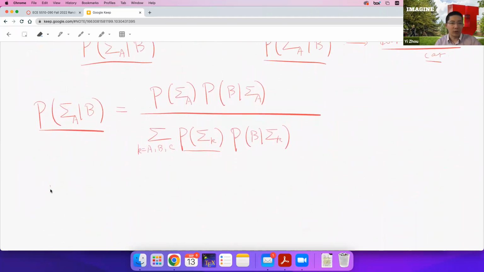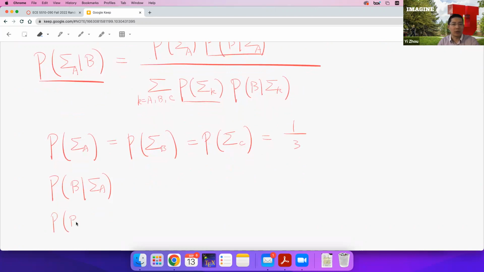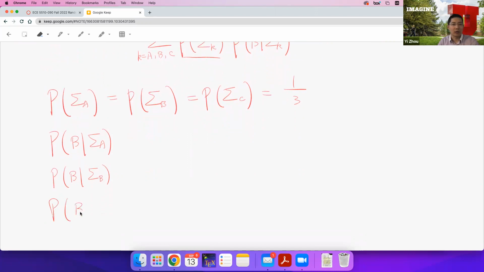Okay. So we know that P of sigma A happens with 1/3. Therefore, these terms can be calculated. And the rest of the terms are these conditional probabilities. We're looking at the probability of B given sigma A, and probability of B given sigma B, and so on.